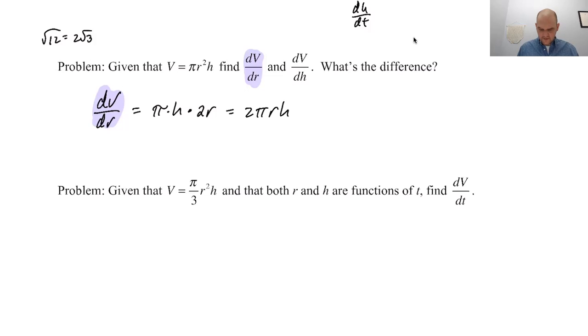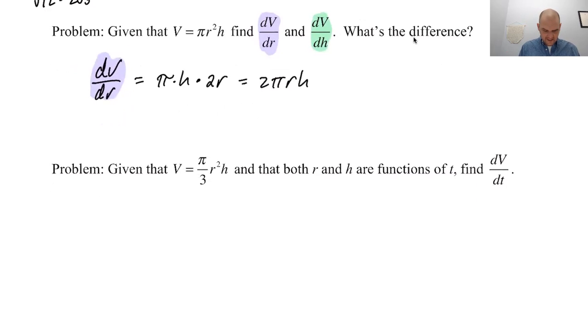If we go back and do the problem again, as if h is the independent variable, we're actually going to get a different answer. So dv dh is going to be, h is the variable, so pi r squared is the coefficient in this case, just a constant, and then the derivative of h is 1. So we actually just get this. That's our final answer.